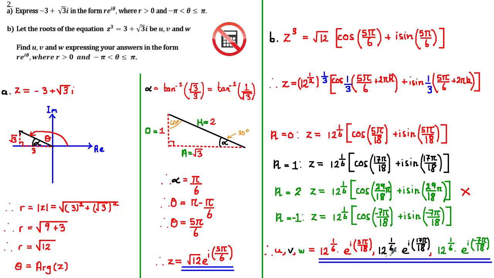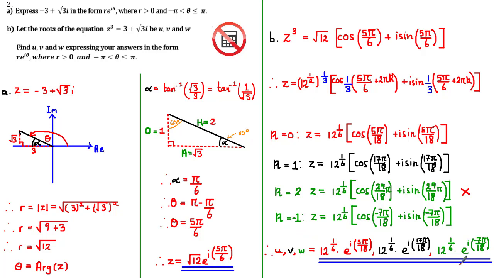The sixth root of 12 times e to the power of i 17 pi over 18, the argument when k was equal to 1. And finally, the sixth root of 12 times e to the i negative 7 pi over 18, which was the argument when k was equal to negative 1.